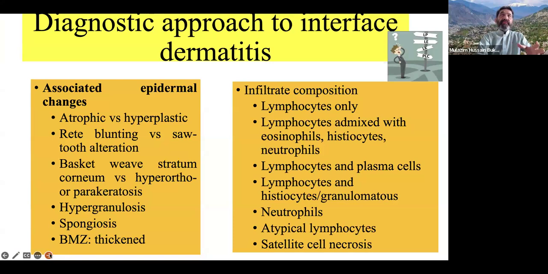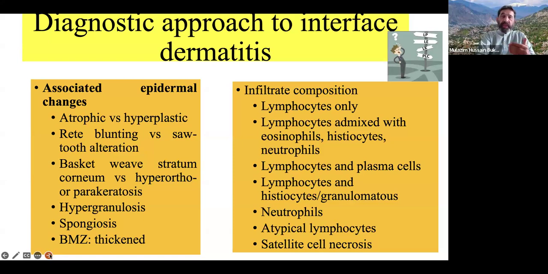Blunting is seen in one variant, lichenoid keratosis, while sawtooth alteration you see in lichen planus. The basket-weave or wavy appearance of stratum corneum versus hyper-, ortho- or parakeratosis you sometimes see in different variants of lichen planus. Hypogranular, hypergranular, spongiosis and basement membrane thickening are very important. Infiltrate: lymphocytes or eosinophils. Sometimes you see granuloma.